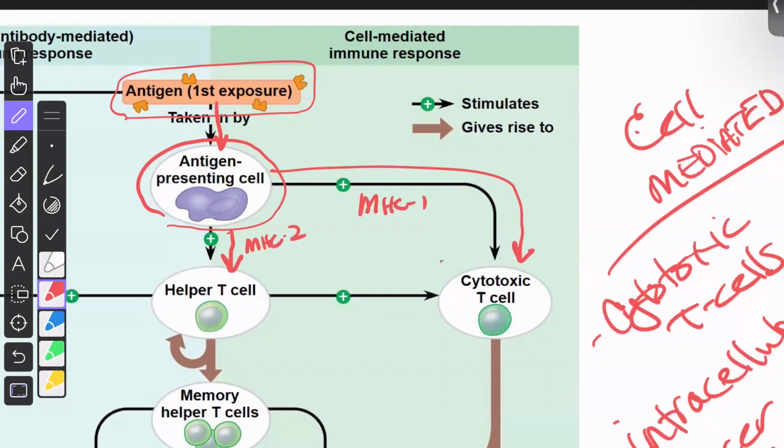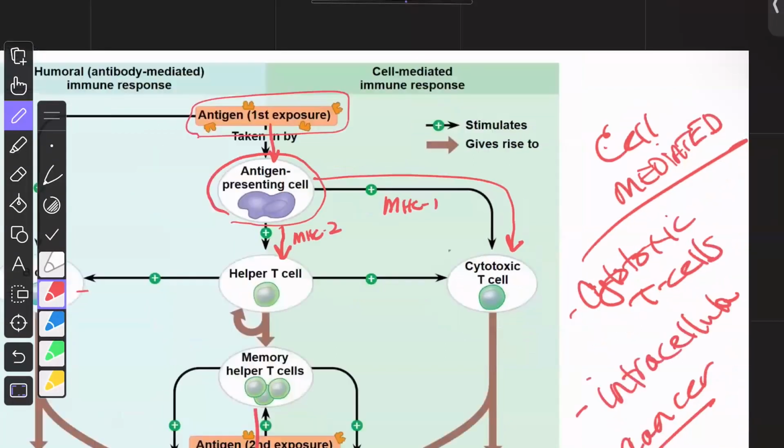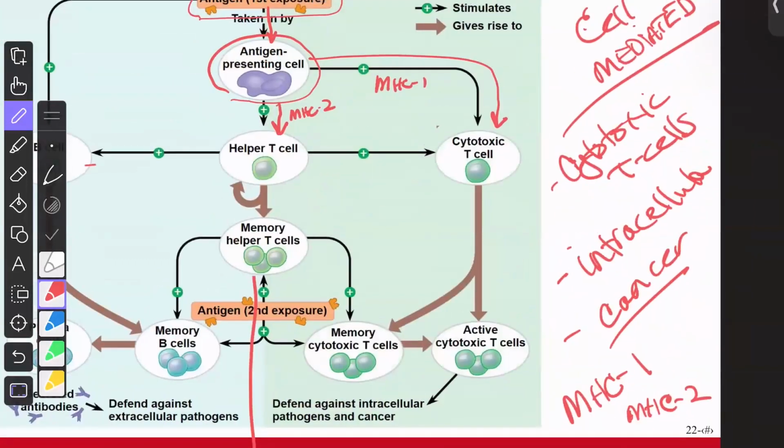Okay, so we've got these two different pathways. If I have an MHC2 molecule, then I'm going to go to the helper T cell. If I have an MHC1, I'm going to go straight to the cytotoxic T cell. Now if I'm using an MHC1 complex molecule, I go straight to that cytotoxic T cell, and what happens?